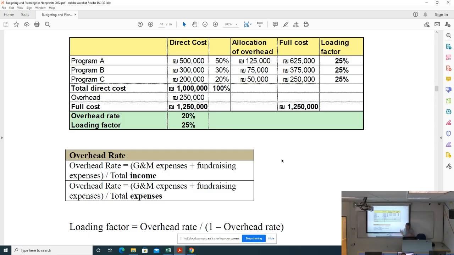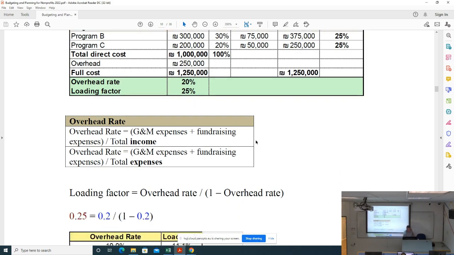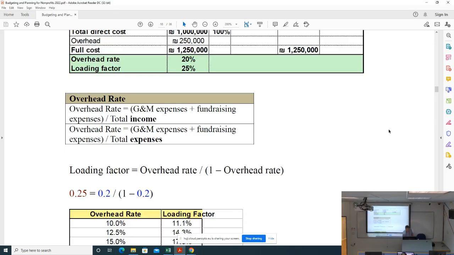So now, why do we look at the overhead rate and not the loading factor? Because there is a very simple relation between the loading factor and the overhead rate, which I'm showing here. The loading factor is basically the overhead rate divided by 1 minus overhead rate. In our example, the loading factor is 25%, 0.25.